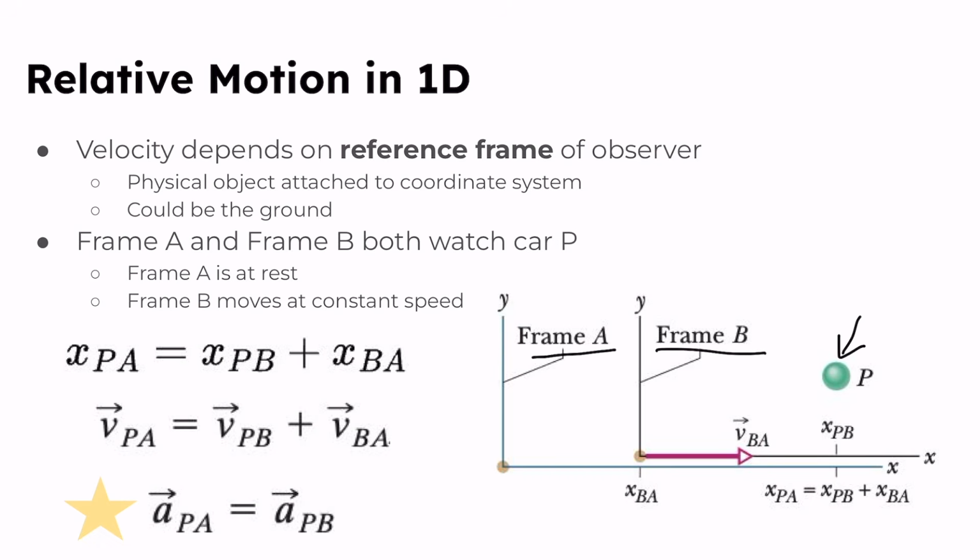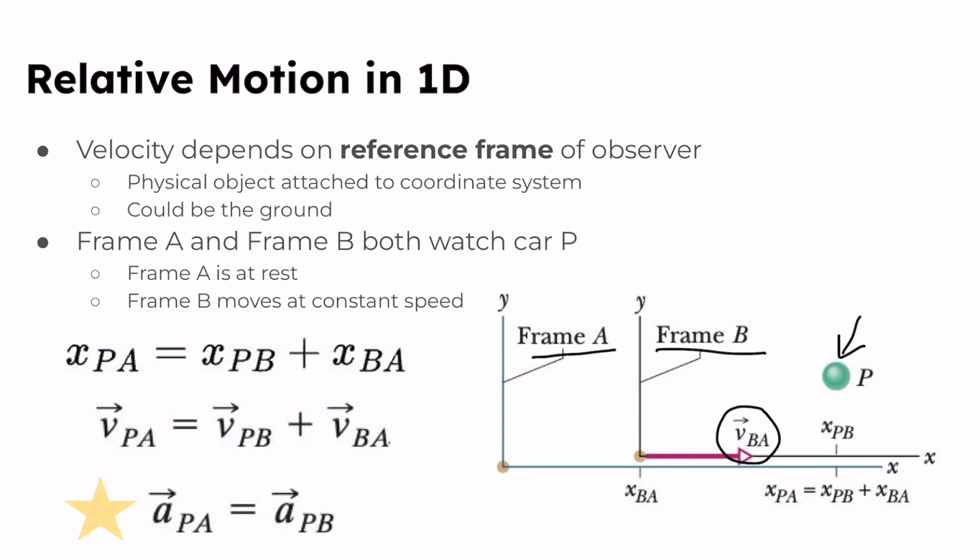In another frame, frame B, it has this constant velocity V, let's call it VBA because it's the velocity of frame B with respect to A. And frame B is driving along at a constant speed and also watching the car P. Suppose that they both want to measure the position of this particle, we're going to call it a car, at a given moment.